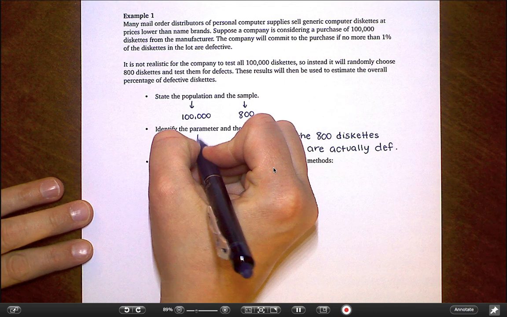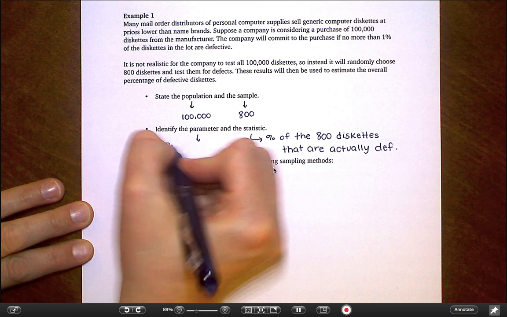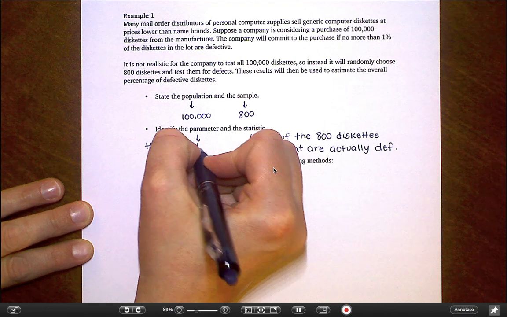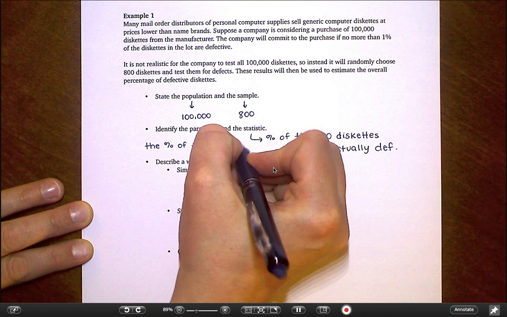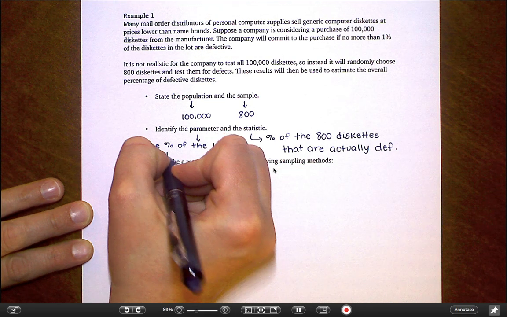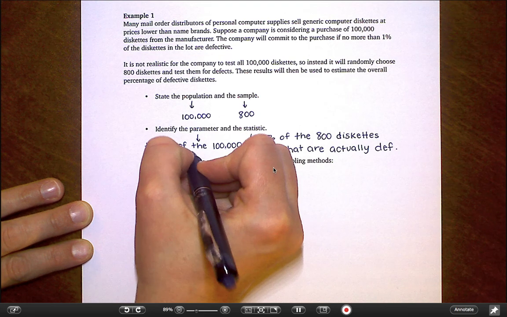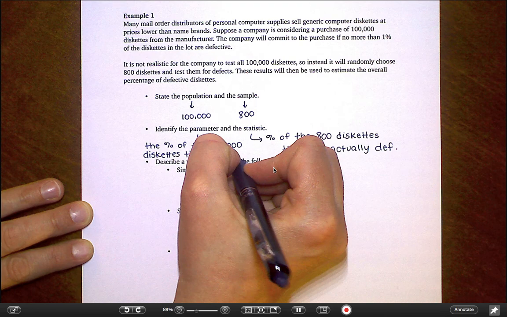So the parameter would be something like the percentage of the 100,000 diskettes that we project to be defective.